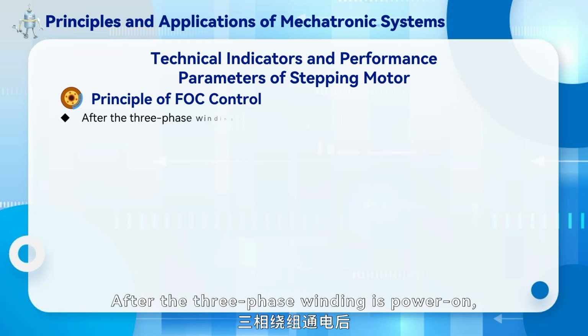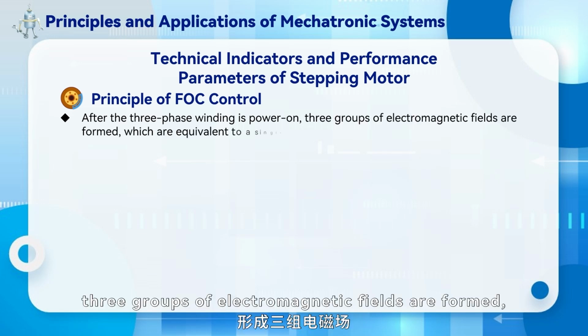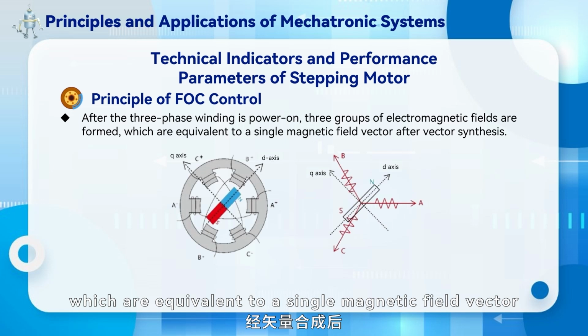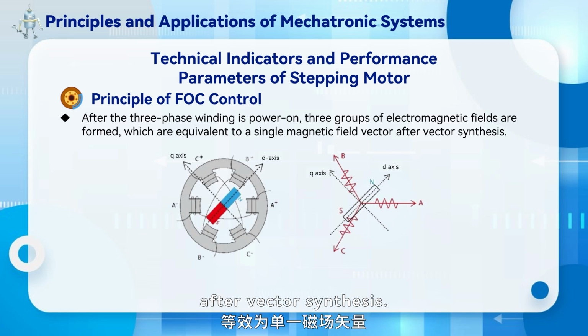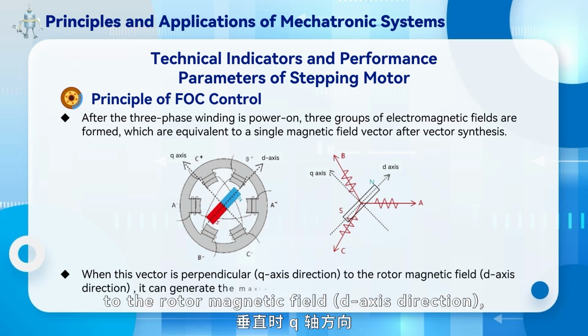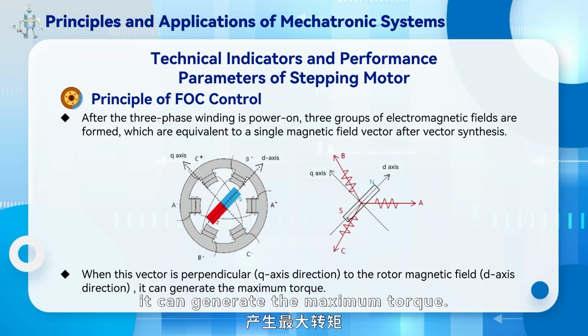After the three-phase winding is powered on, three groups of electromagnetic fields are formed, which are equivalent to a single magnetic field vector after vector synthesis. When this vector is perpendicular (Q-axis direction) to the rotor magnetic field (D-axis direction), it can generate the maximum torque.